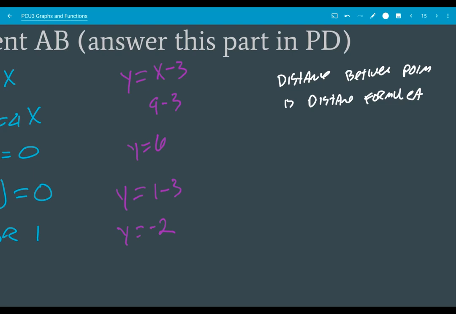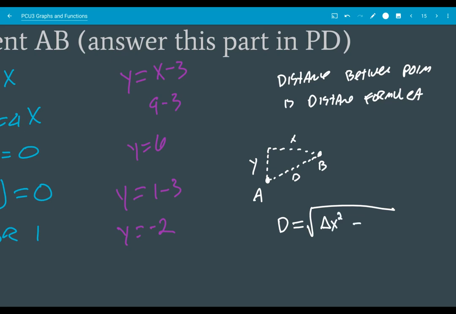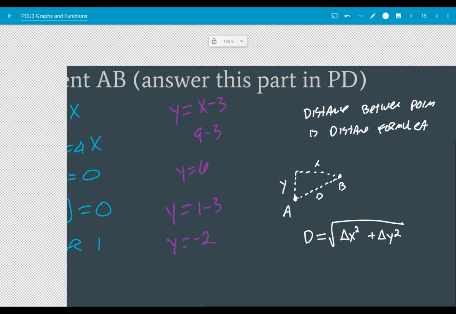So if we think about A and B, for example, there's going to be some change in y, some change in x, and what we care about is something I'm going to call D, as our distance. So our distance is going to be equal to the square root of delta x squared plus delta y squared. So again, that's the change in x squared plus the change in y squared.